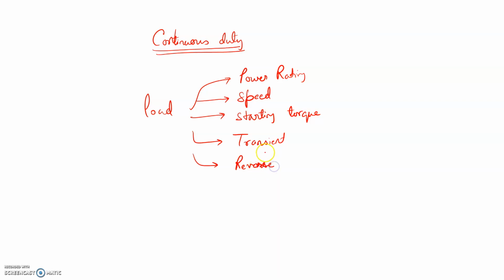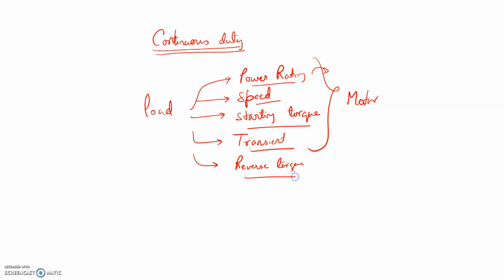So you need a reverse torque. A motor must be capable of the power rating, so we can choose the next higher level of power rating. The motor must be capable of the power ratings, speed, starting torque, transient, and reverse power.